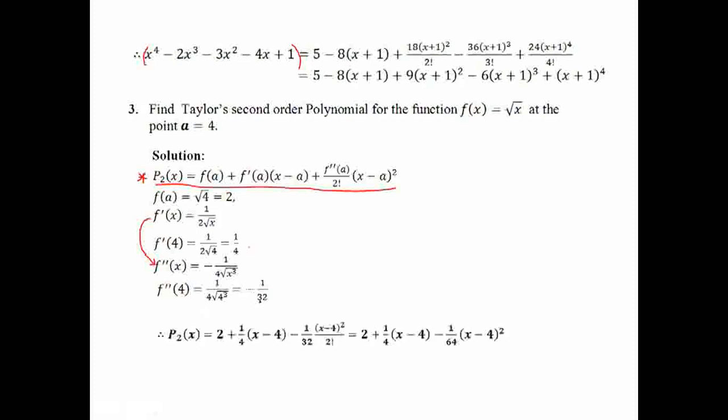Okay, so having gotten these different values, we simply plug them into the Taylor's expression. So we have P2 of x is equal to 2 plus 1 over 4, then open bracket, x minus 4, then minus 1 over 32, then x minus 4 in brackets squared over 2 factorial.